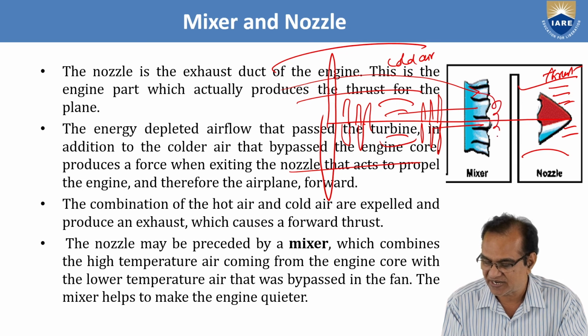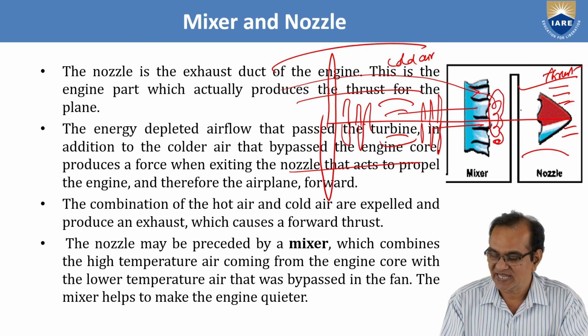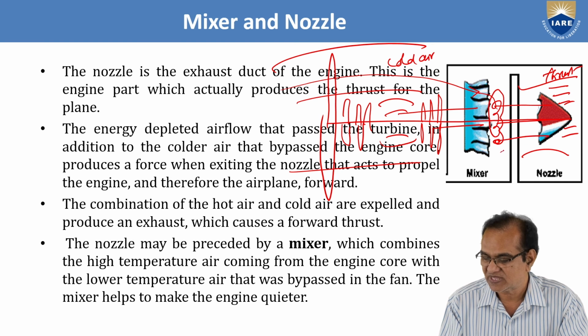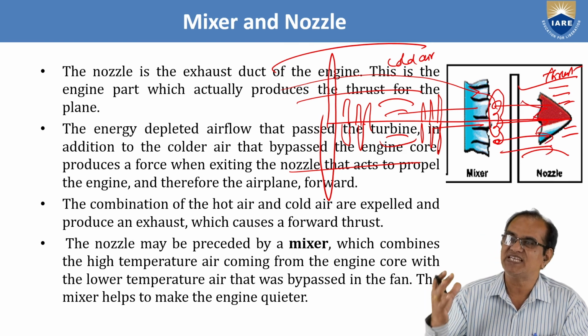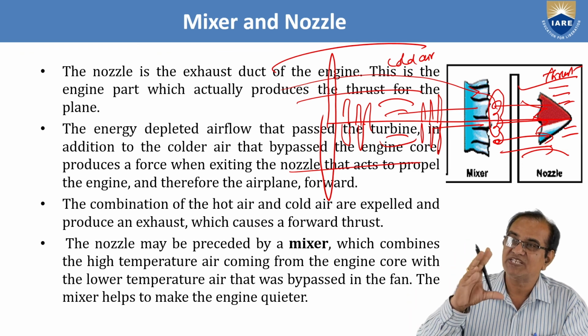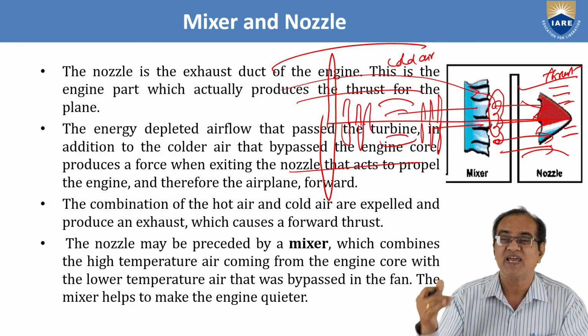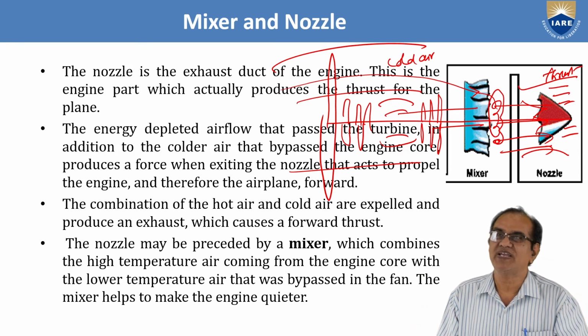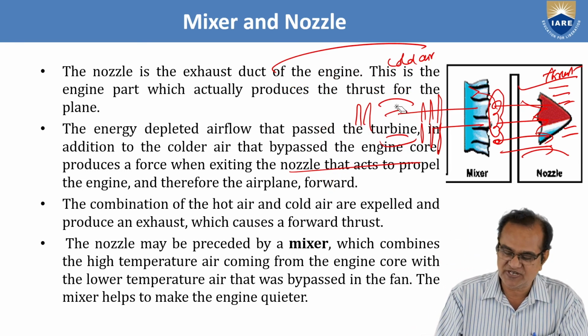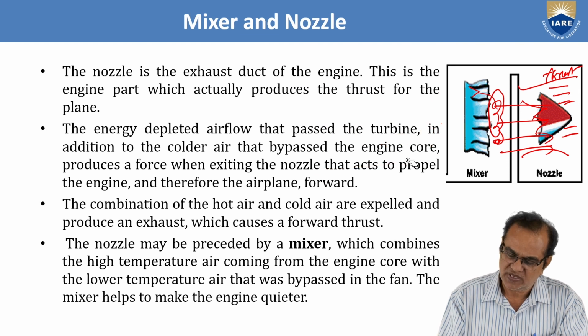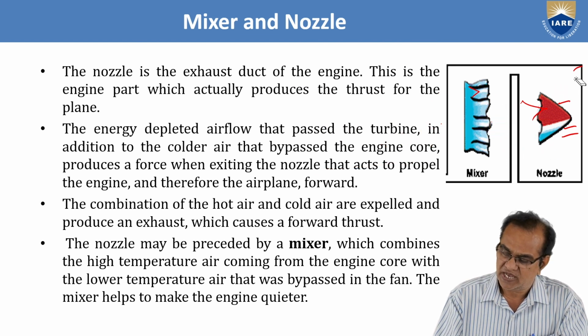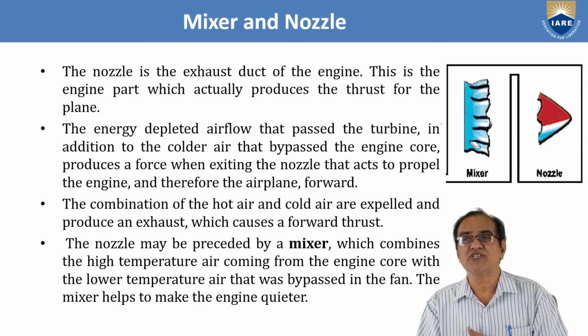All are mixed here in this zone, and then it goes to the nozzle, so that the efficiency is increased, the temperature is reduced, so the chances of material damage are also reduced. So that is why this gives a lot of benefit to the aero engine. Turbofan makes it a lot better. The sound is also reduced.